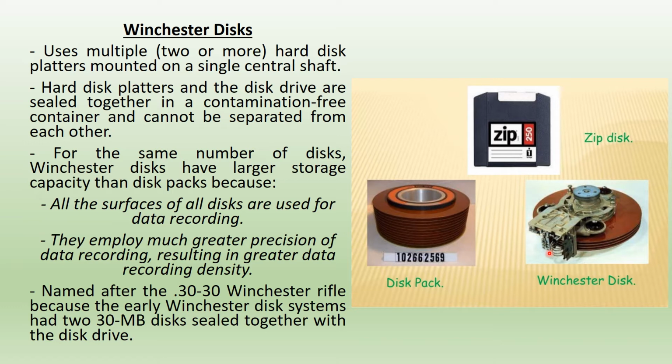For the same number of disks, Winchester drives have larger storage capacity than disk packs because, one, all surfaces of all disks are used for data recording, and two, they employ much greater precision of data reading, resulting in a greater data recording density.